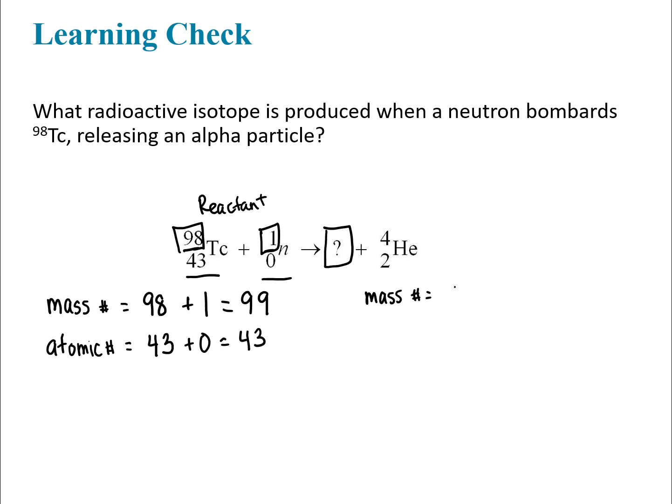Because this is a balanced equation, the total mass number still has to be 99, and the total for the atomic number still has to be 43. This time, though, we've got a new element, and then we have the mass number of 4 from the helium atom that is released.